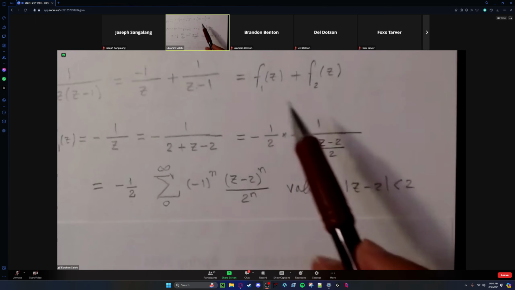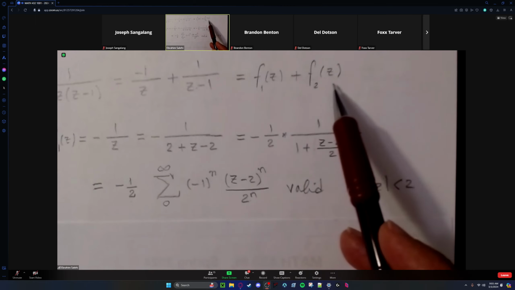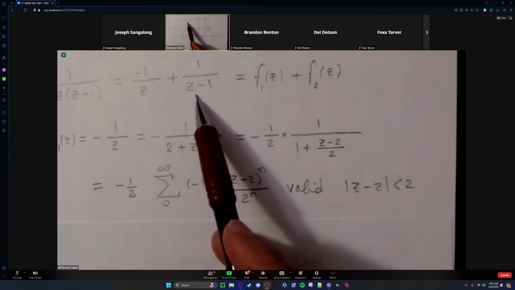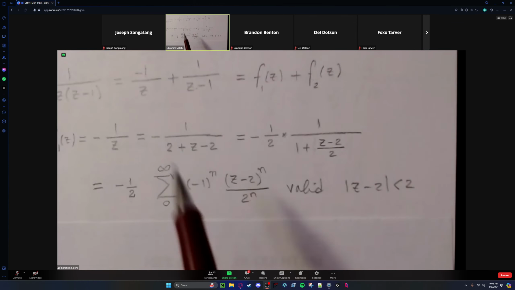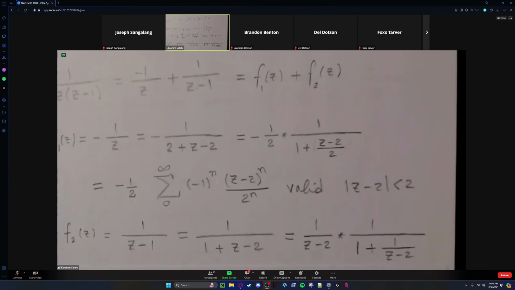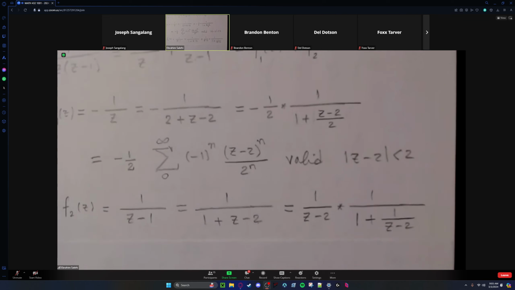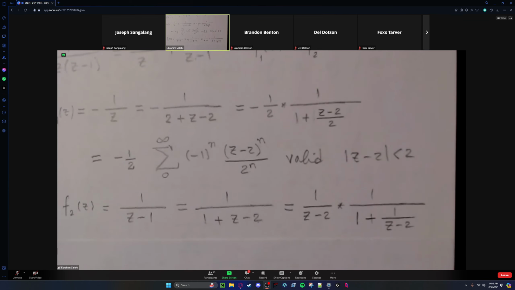Now, how about the second part of the function, f2, which is this one? Here comes f2. Again, I want it in powers of z minus 2. I better make z minus 2 appear, right? So I add 1 and subtract 1. That's what you get.